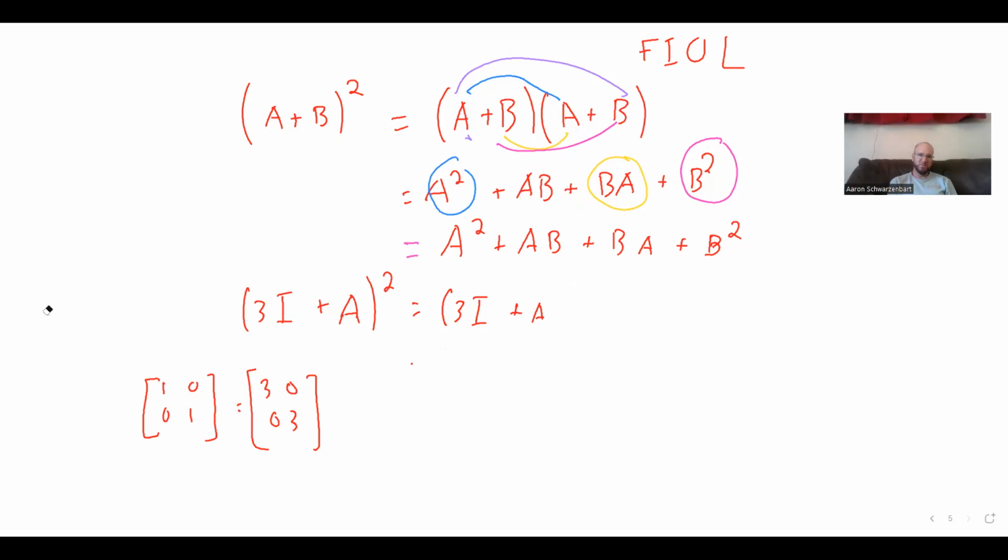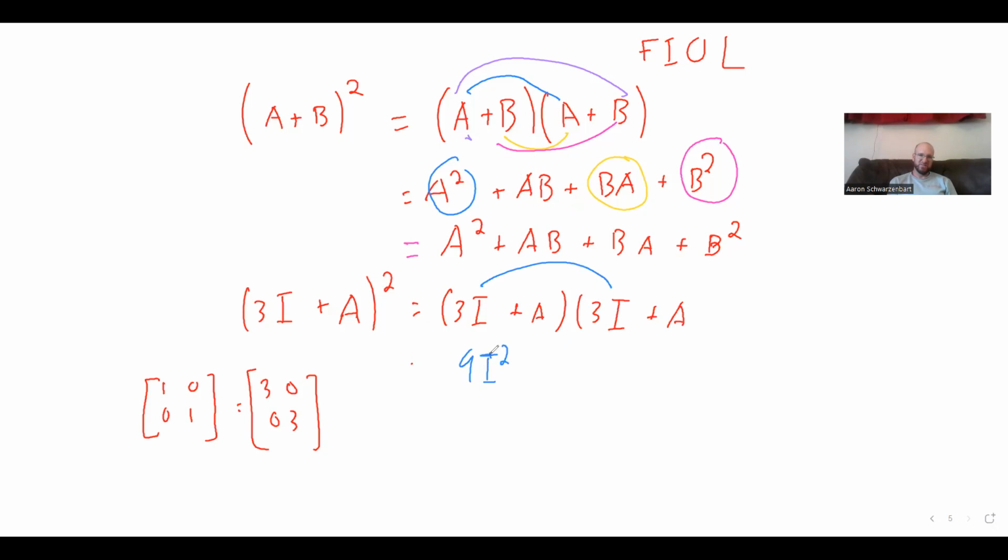I will FOIL, and I should write it out like I'm going to FOIL. (3I plus A) times (3I plus A). So 3I times 3I is 9I squared. This is an identity matrix.